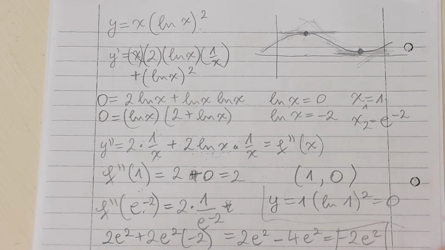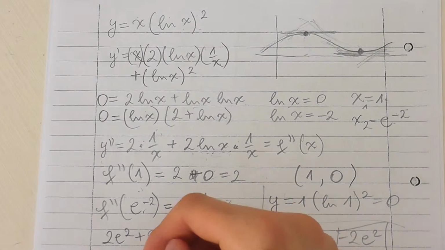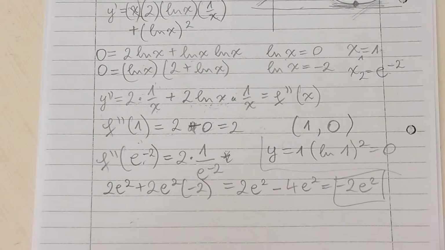And considering that this value is negative, this tells us that we're dealing with a maximum. Therefore, we take e to the minus 2 and we plug it into the equation to find the y value.